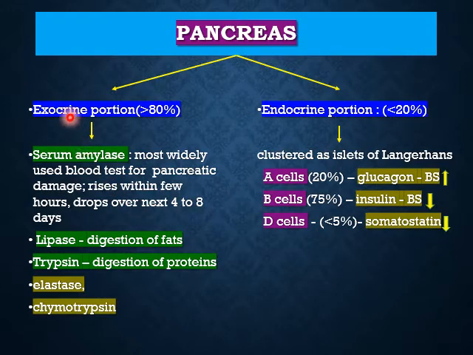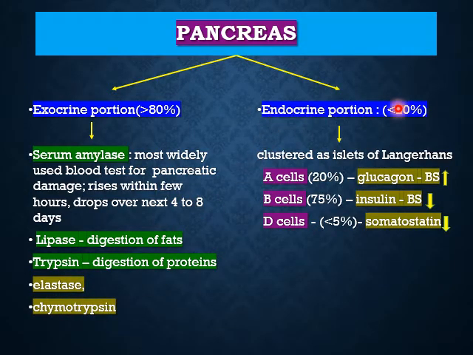The exocrine portion is responsible for secreting serum amylase, the most widely used blood test for pancreatic damage, serum lipase, and serum trypsin. Lipase is for the digestion of fats, and trypsin for the digestion of protein. Other enzymes include elastase and chymotrypsin.